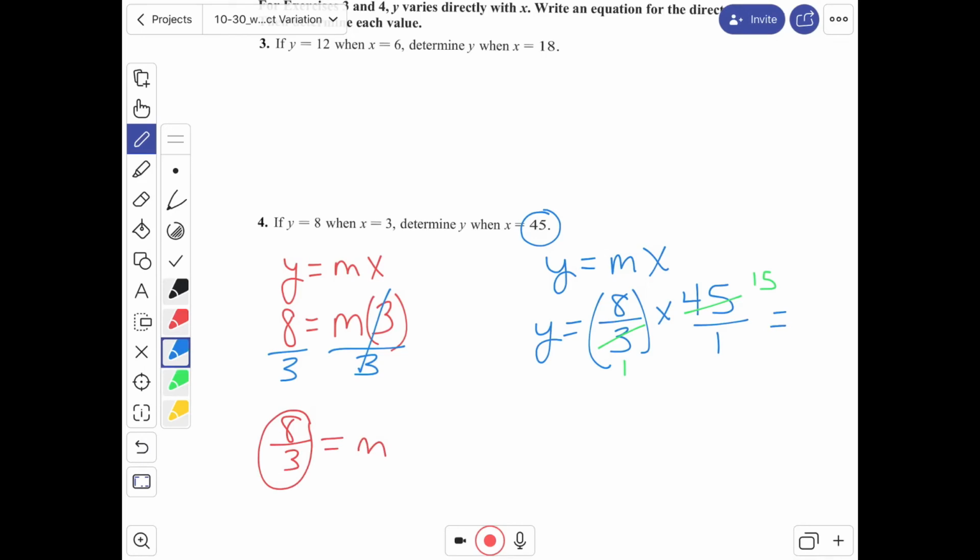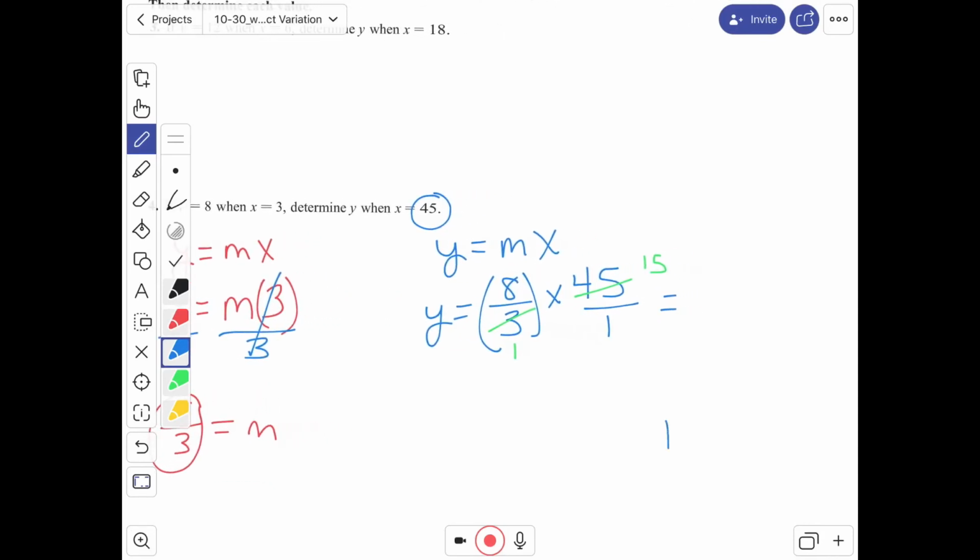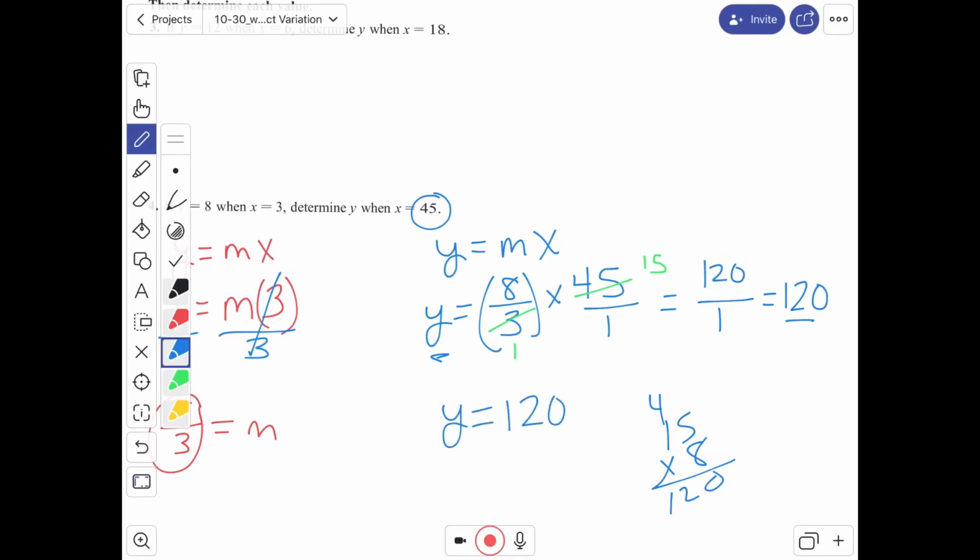Then goes straight across. 8 times 15 is 120. 1 times 1 is 1, which is the same as 120. So y equals 120. If x is 45, y equals 120.